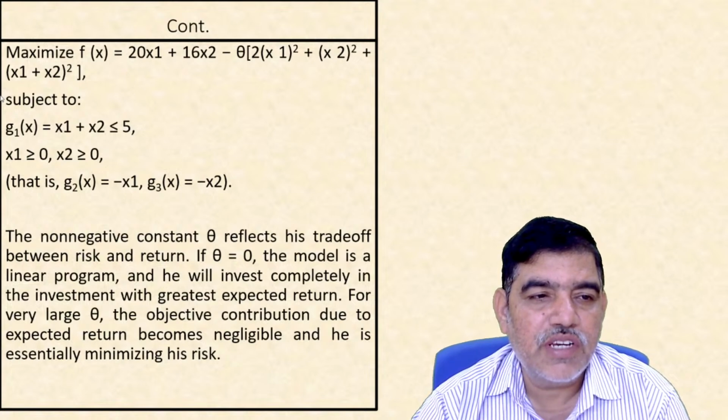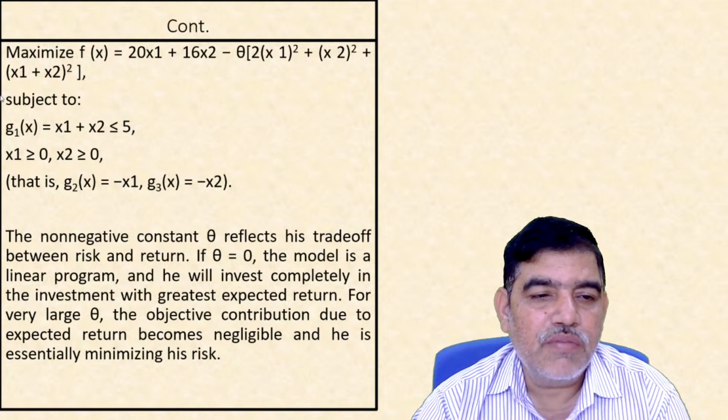The subject to constraint is g1 of x equal to x1 plus x2 less than or equal to 5. And the conditional equations are x1 must be positive and x2 must be positive. That's why it is mentioned as x1 greater than or equal to 0, x2 greater than or equal to 0, that is g2 of x equal to minus x1 and g3 of x equal to minus x2.